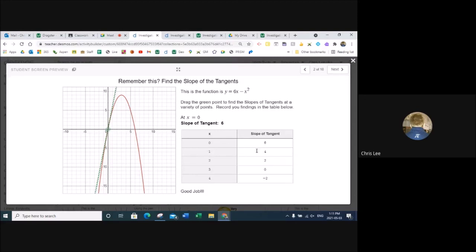Now we're actually recording this down to find the derivative. So at x equals 0, the slope was 6. Then you slid this up to x equals 1, the slope was 4. And then it's getting smaller and smaller as I get to x equals 2, the slope was 2, all the way up until the max at 3, where the slope is 0, and then it starts to become negative and gets down to there at -2.